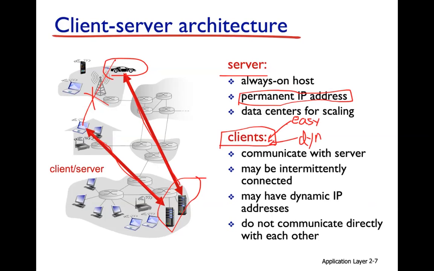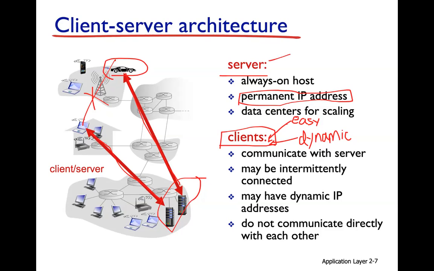During the client-server service, the client can go back and forth, so you can connect back and forth. It can have a different IP address, it doesn't matter. The implementation is easy, because it just needs to know the server IP address and what server port to use.